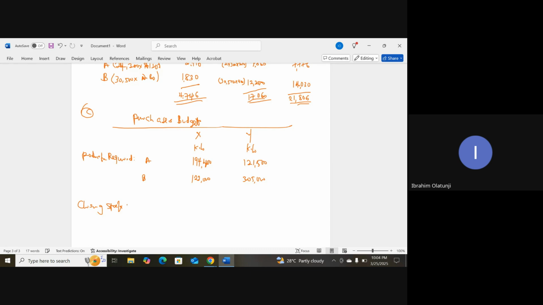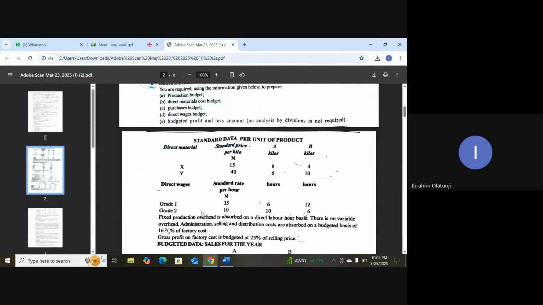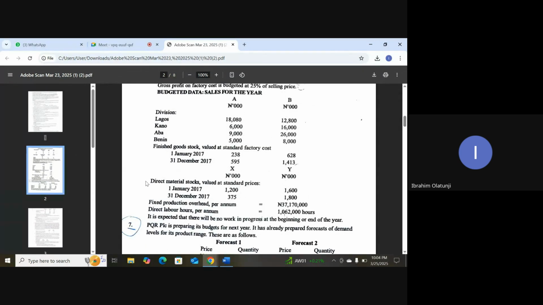Closing stock for X and the Y. For purchasing budget now, because it's material that we purchase, it's not finished goods like when we were doing our production.